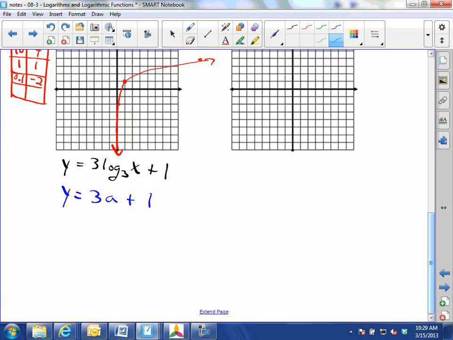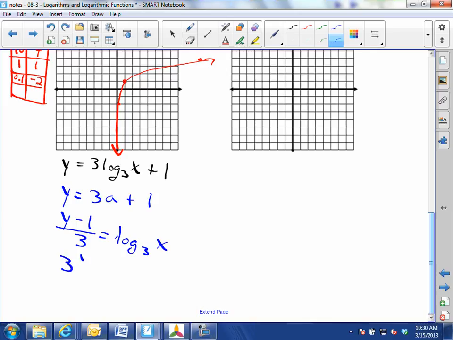If I want to get a by itself, what would you do? We ignore the log, really. So that equals a, but a was equal to the log, so that is equal to log base 3 of x. Okay, now it makes sense.